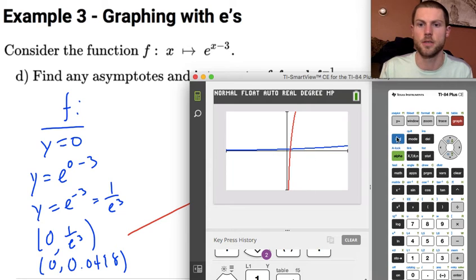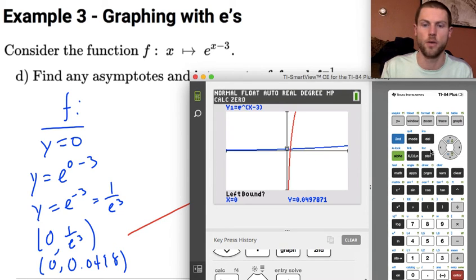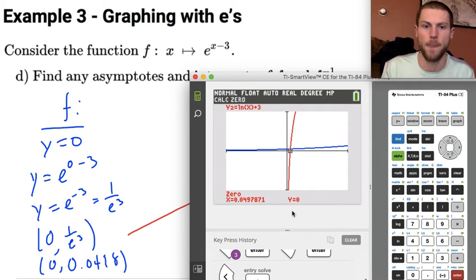Okay, now I can see this. So let's calculate the zero of my red curve, this is my inverse. Left bound, now this is looking good. There's a left of my zero, and here's to the right of my zero. I hit enter one more time, and there's my x value again: 0.04978, and that's what I had over here.